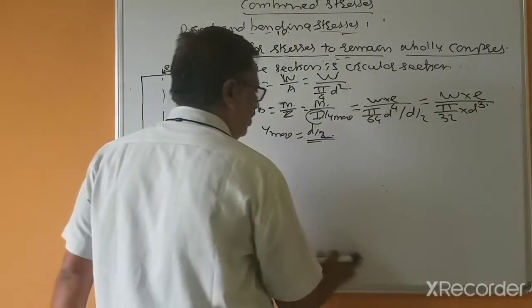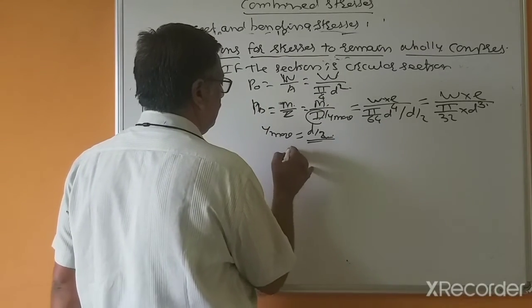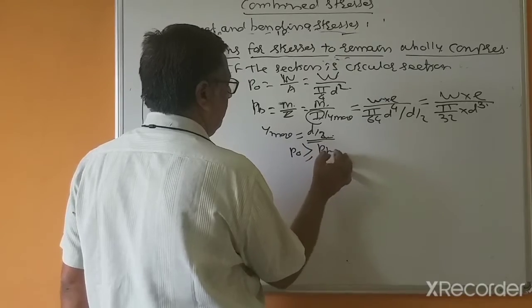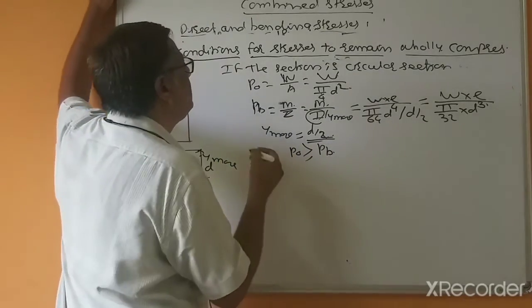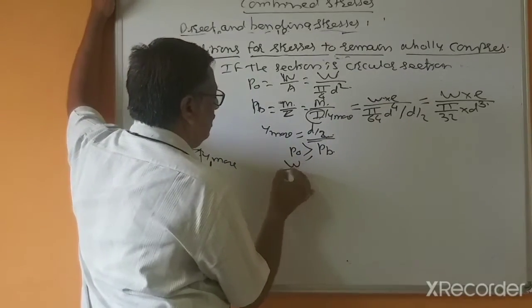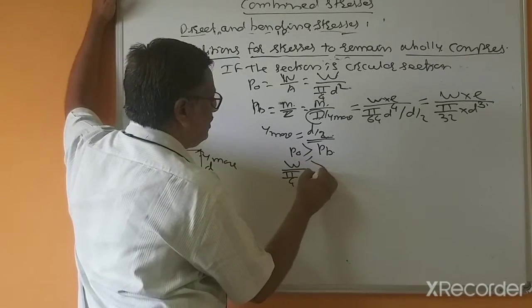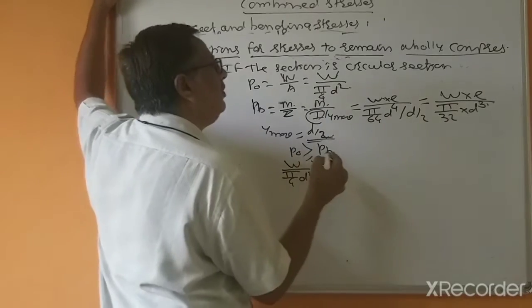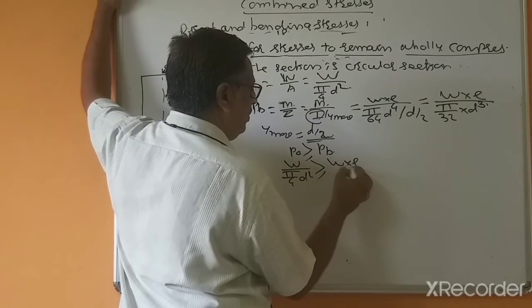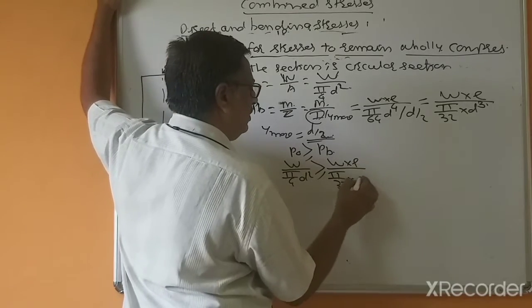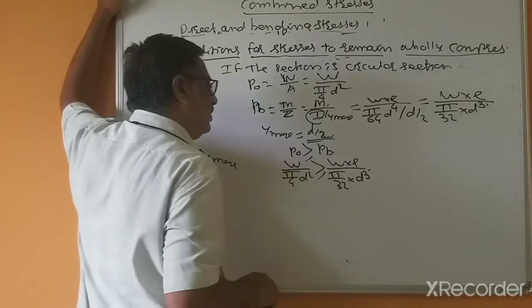Now the condition: P0 should be greater than PB. So direct stress equal to W divided by pi by 4 D squared should be greater than PB equal to W into E divided by pi by 32 D cube.